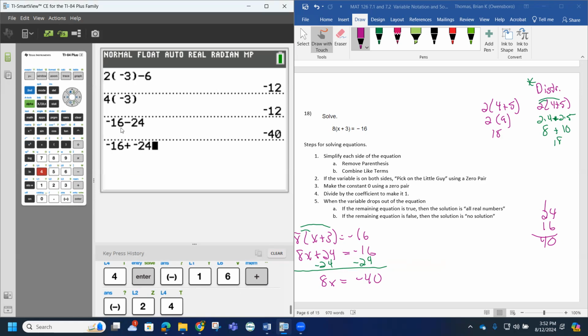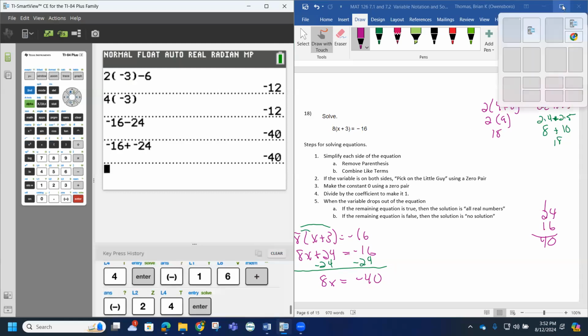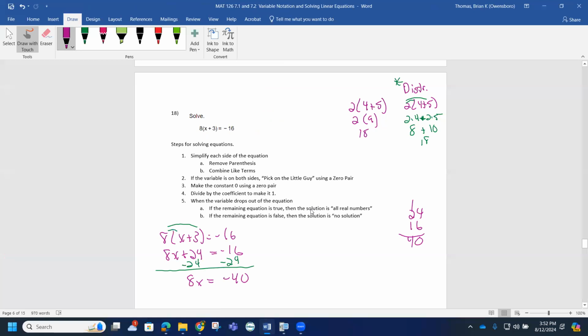So you've lost 16, and then you're going to take away another 24. So that means you've lost 40 altogether. Sometimes, if I'm trying to do it mentally, I see it better as an addition statement. And it does give me a negative 40 as well. Okay. So you can use technology, or again, you can just use your own reasoning skills that you've learned.